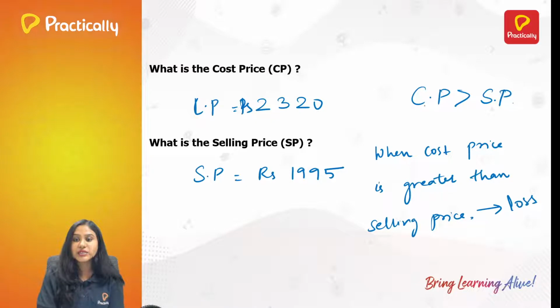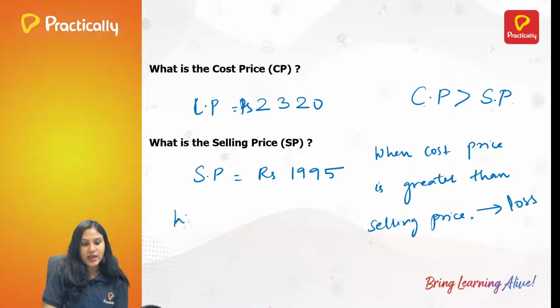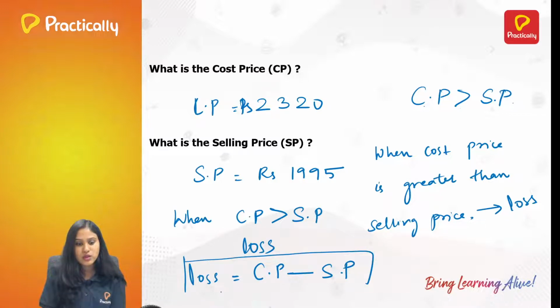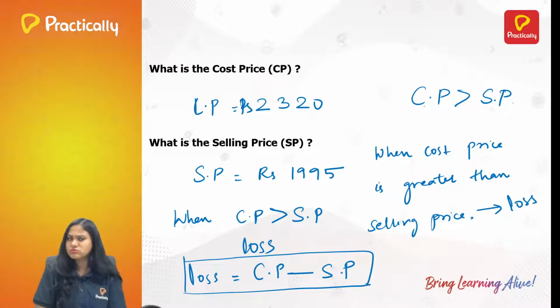When cost price is greater than selling price, the shopkeeper makes a loss. I'm repeating again, when cost price is greater than selling price, it is a loss. So loss equals cost price minus selling price.